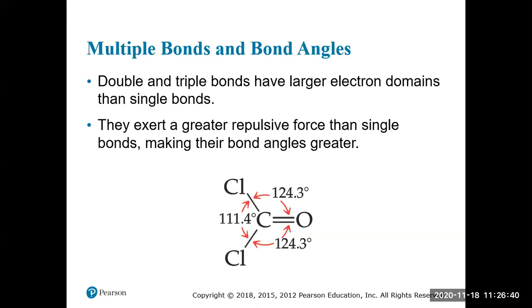So just as the lone pairs influence bond angle, so do double or triple bonds. It goes back once again to this electron repulsion, and trying to minimize that within the molecule.